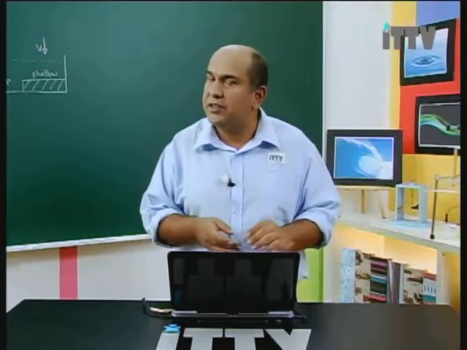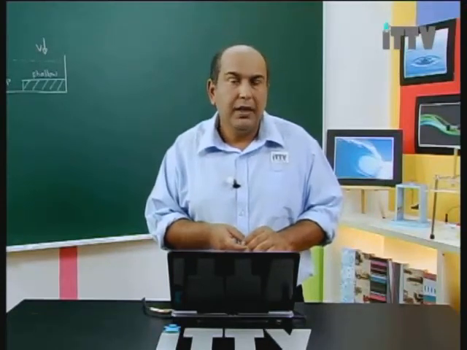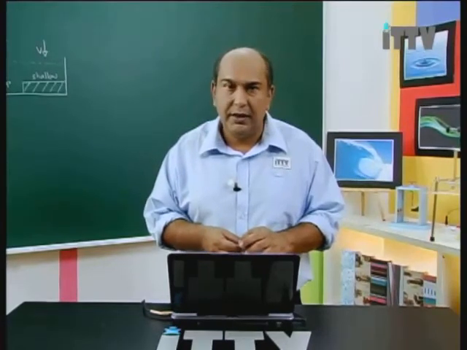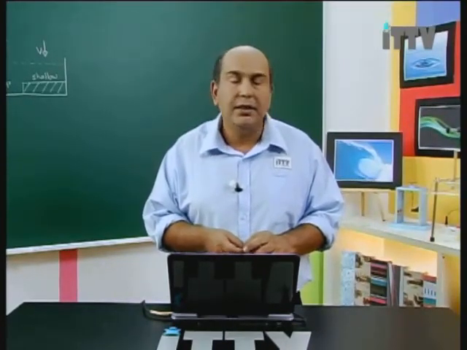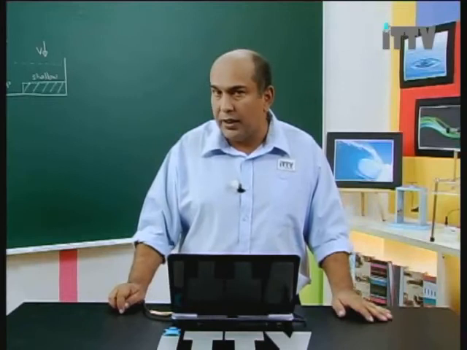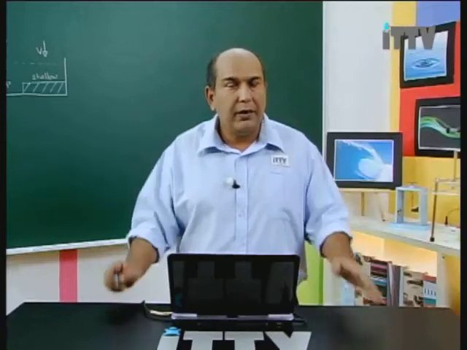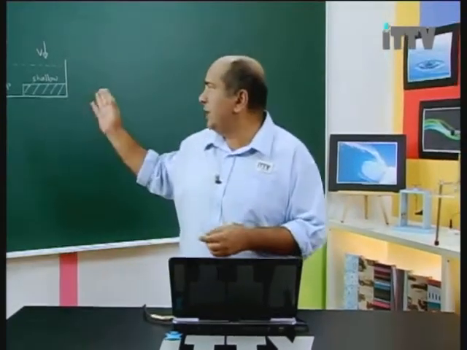So here what is key is the relationship between velocity and wavelength. Now, velocity and wavelength are directly proportional to each other. If the velocity increases, the wavelength becomes longer. If your velocity decreases, your wavelength becomes shorter. Now let's apply this idea to the diagram up here.